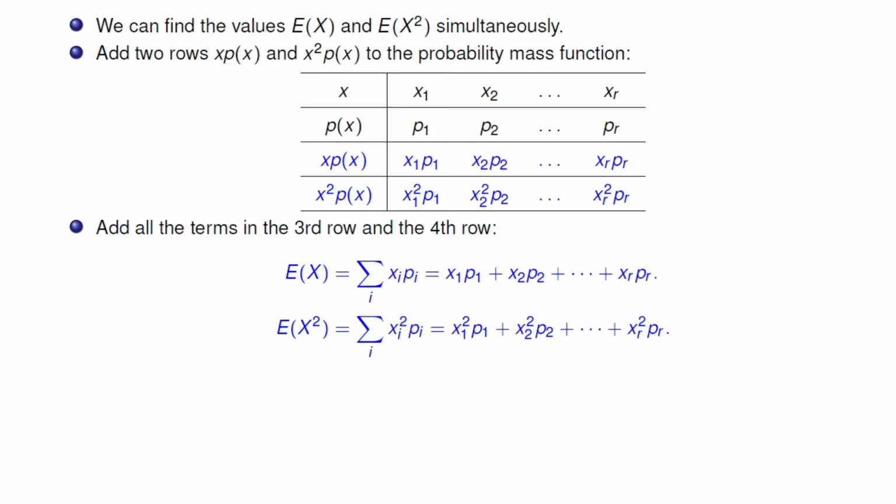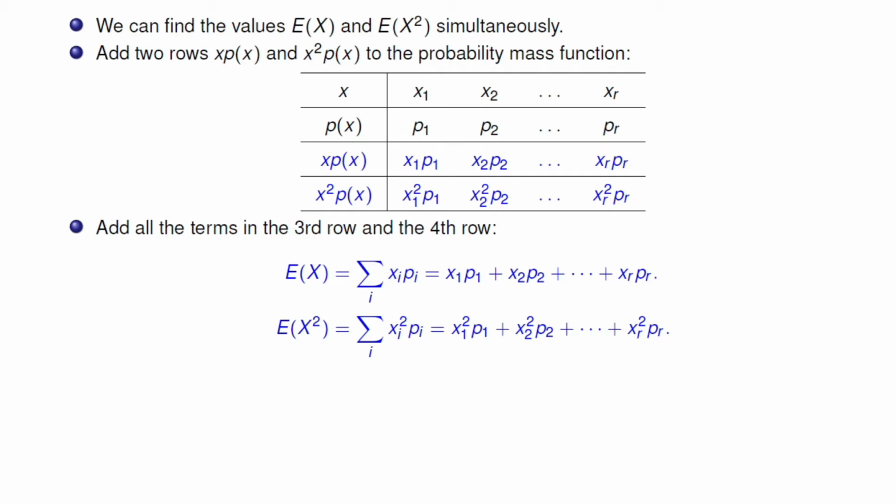And then the expectation of x and the expectation of x squared is simply the summation of the corresponding items. So expectation of x is x1p1 plus x2p2 and so on, plus xrpr. And the expectation of x squared is x1 squared p1 plus x2 squared p2 and so on, plus xr squared times pr.